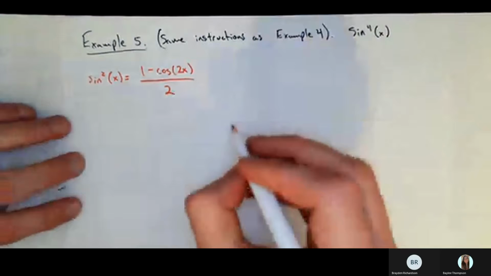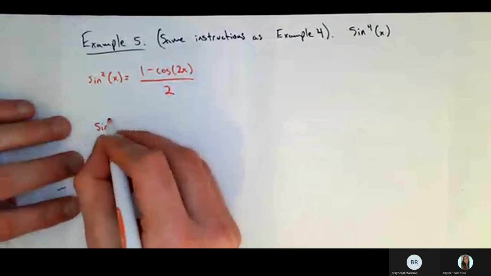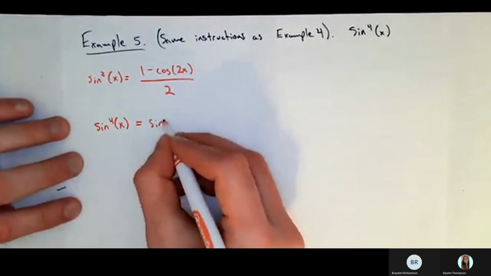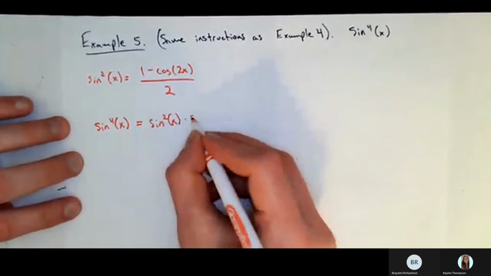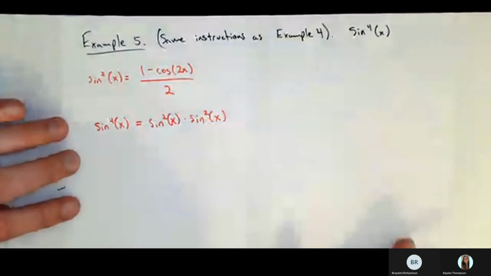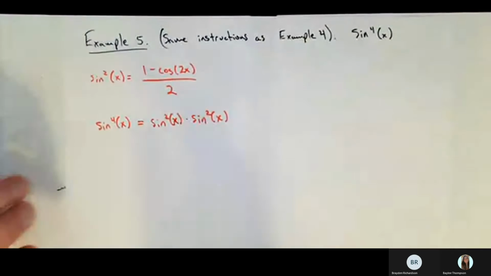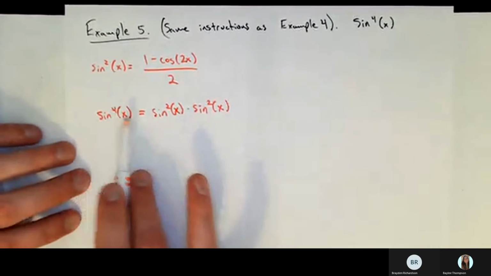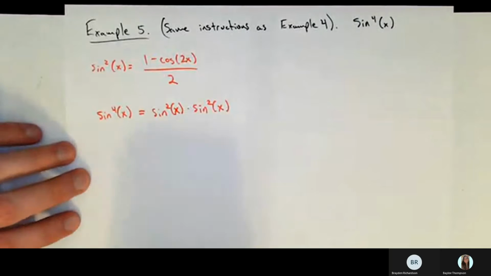So I'm going to have sine to the 4th of x equal to sine squared of x times sine squared of x. That's the first trick to this, pulling apart sine to the 4th as sine squared times sine squared.